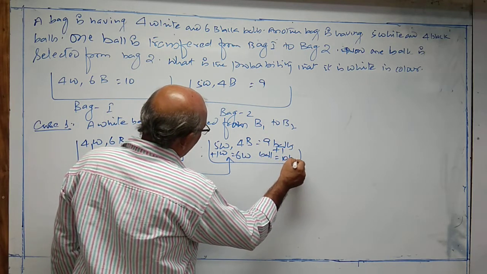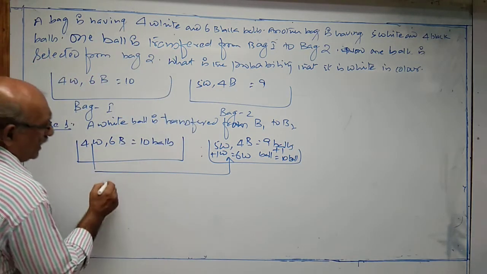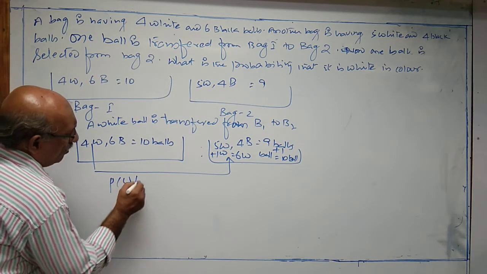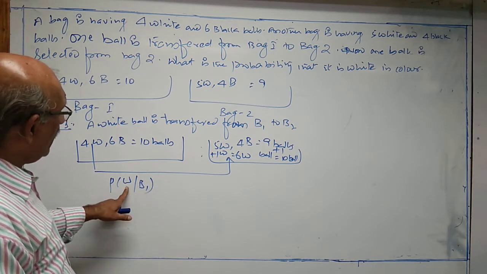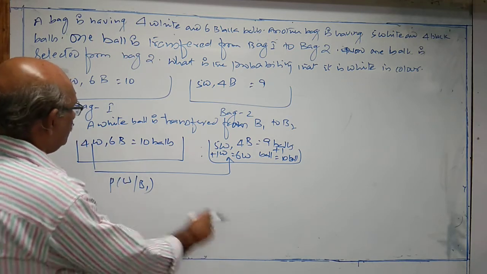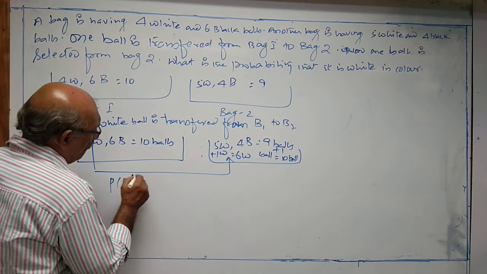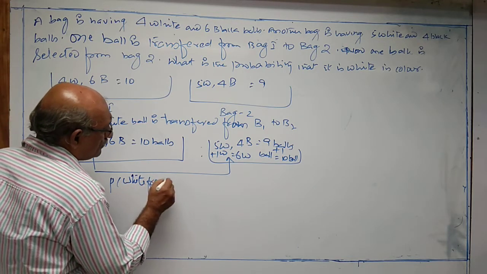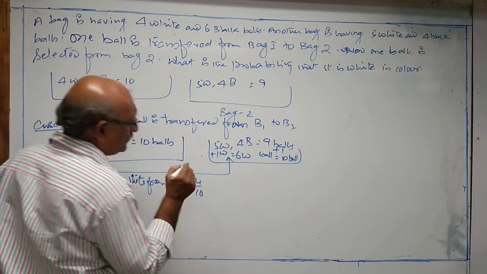Total 10 balls this bag is having. So probability of white from B1 is equal to 4 by 10.